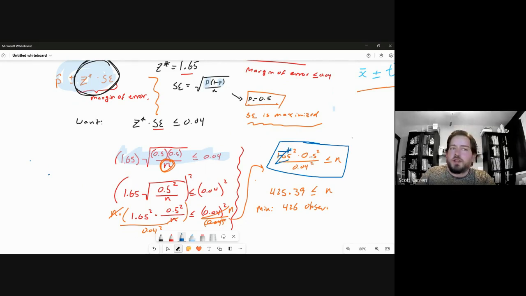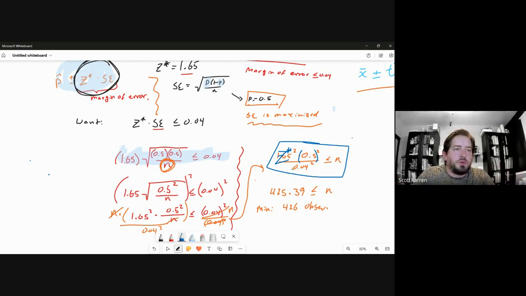That 0.5 is the proportion, but I didn't know it, and so to maximize that, I used just 0.5. To cover all your bases for every possible proportion, that's the one we're going to use.